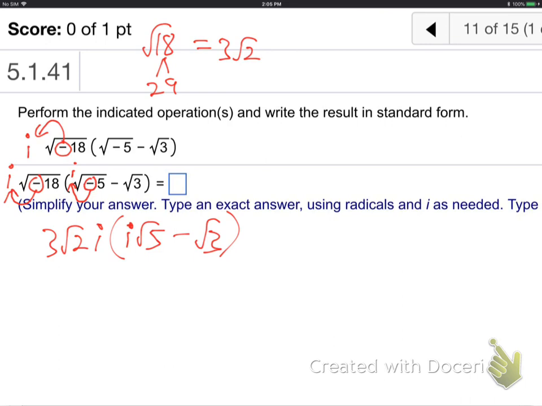Okay. Now let's multiply this on through. Now, you remember how to multiply root things? Here's one.